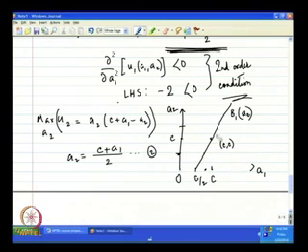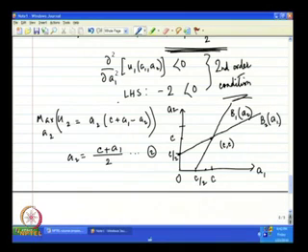If A1 is 0, A2 is C divided by 2, so the line passes through this point. And the slope is half, so it will be a flat line like this. This is the best response of player 2.